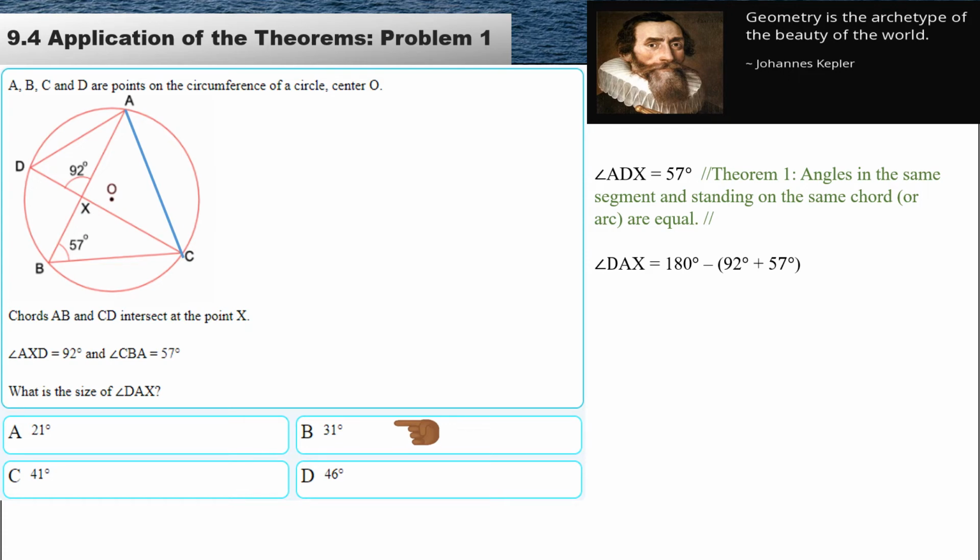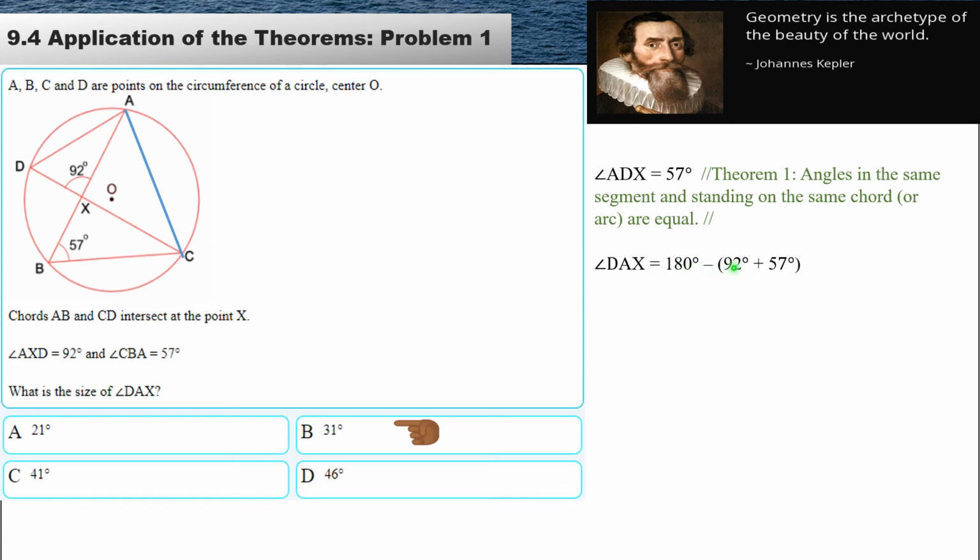Then I can continue with this calculation, angle DAX, which is what they want me to find. If you consider triangle ADX, there is the angle 92 degrees, and we just worked out 57 degrees. So to find the third angle, we apply the fact that the sum of angles in a triangle is 180 degrees.